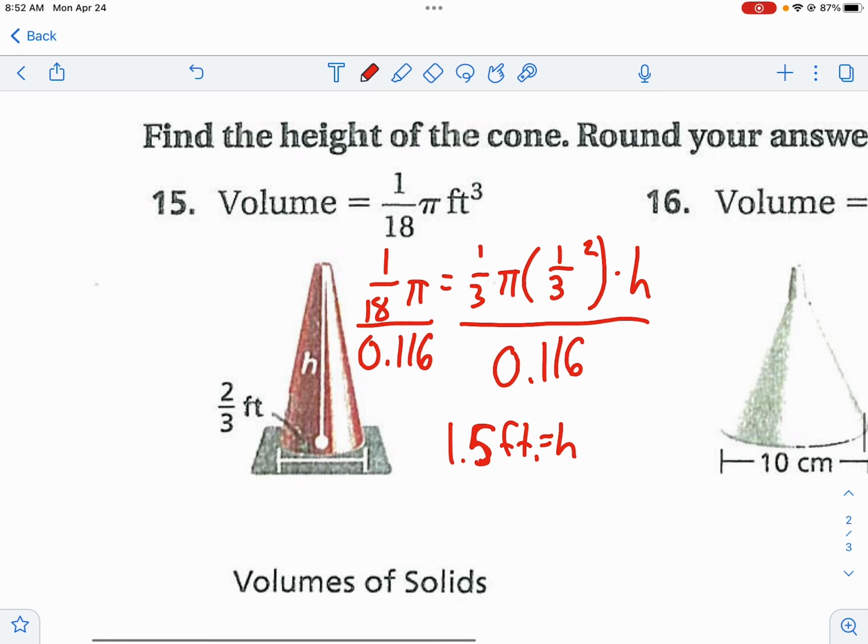We can also see that 1/3 cubed is the same thing as 1/27, and then the pi's cancel. So we can say what's 1/18 divided by 1/27, which means we flip it, which is 27 over 18. If we divide by a fraction, we multiply by the reciprocal. So 27 over 18 is 1.5. Be another way of looking at it.